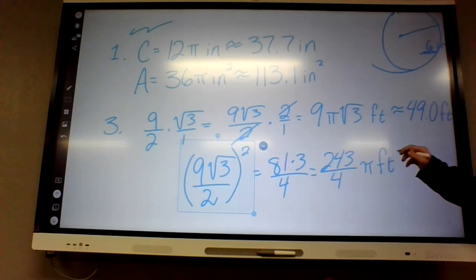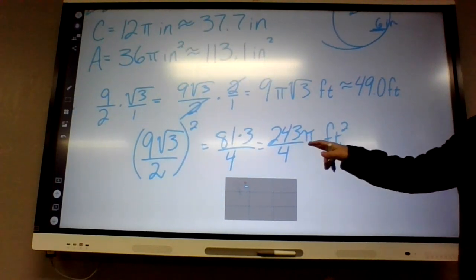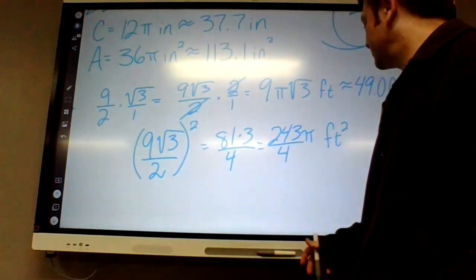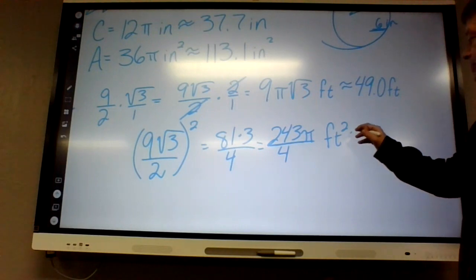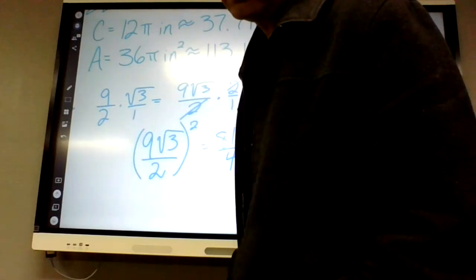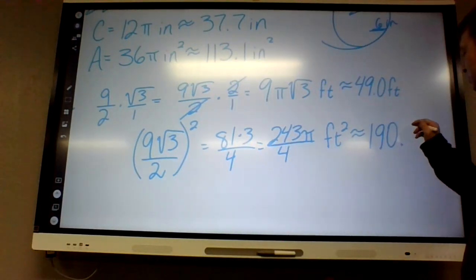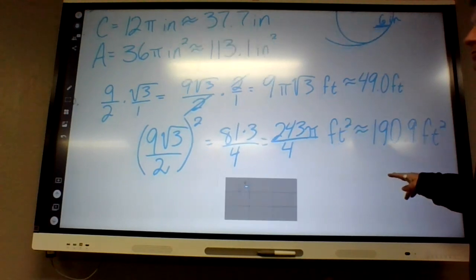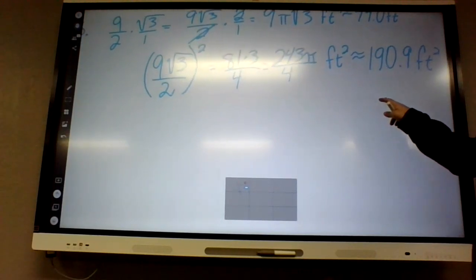Okay, that's the exact answer. They might have put pi up top. I don't know where they put it. Doesn't really matter, but yeah, they put it on top. Okay, which is about 190.9.